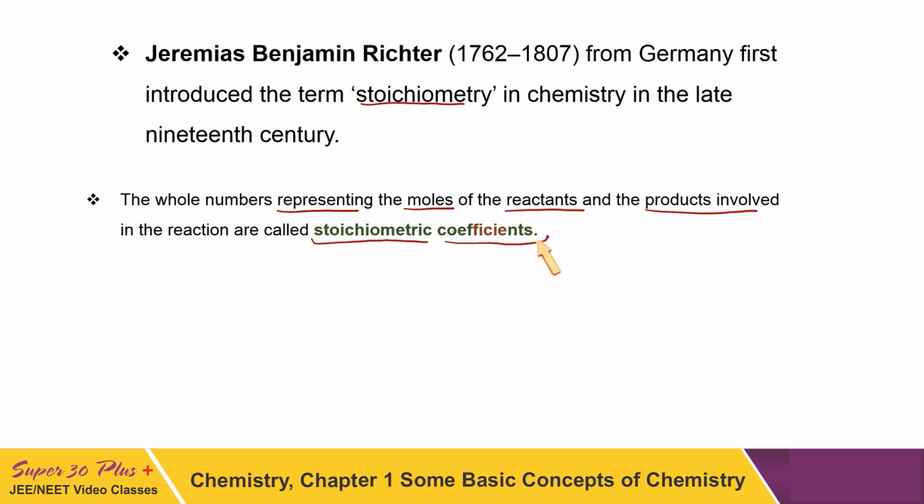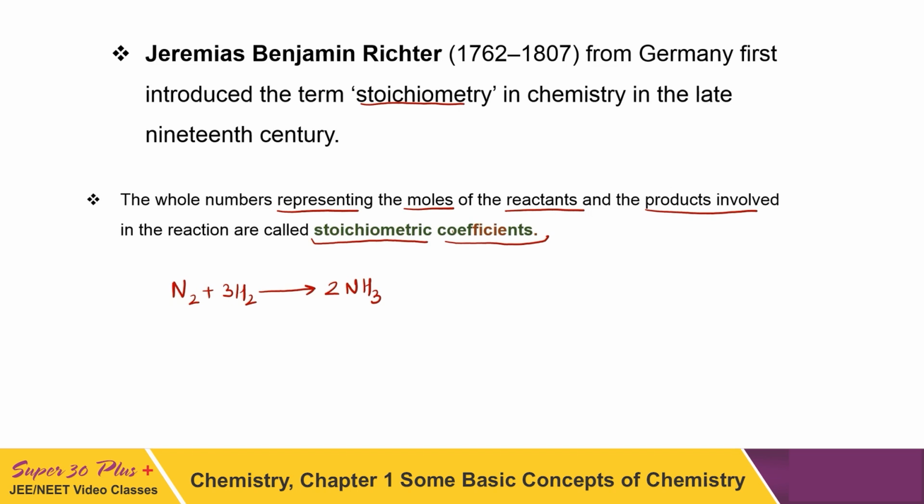It is very easy. Suppose, for example, I write the reaction of the Haber process, which is nitrogen plus 3 hydrogen gives twice ammonia: N2 plus 3H2 gives 2NH3. Now in this reaction, first of all you check whether the reaction is balanced or not.